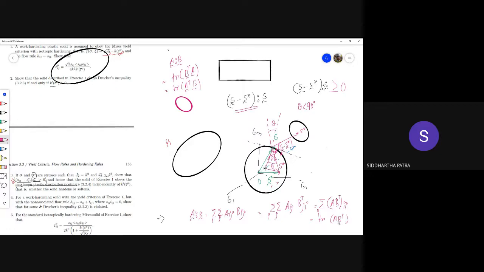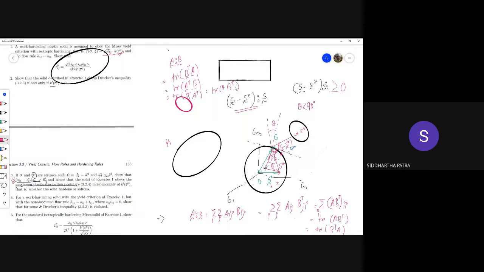And it can be very easily shown that that is also the trace of B transpose A. Actually, instead of taking B transpose, I could have taken A transpose, so this can be written in many ways, like trace of B A transpose, equal to trace of A B transpose, and so on.